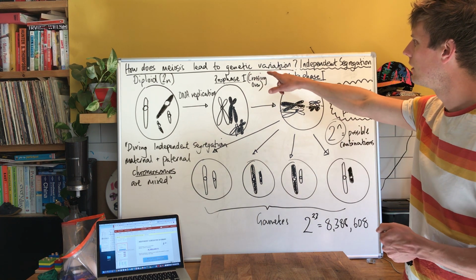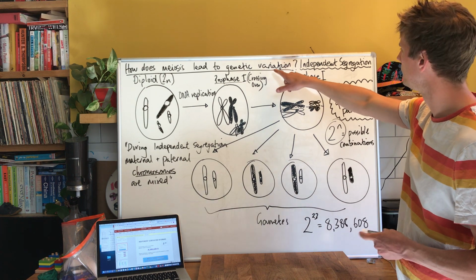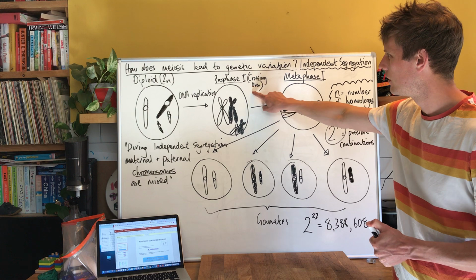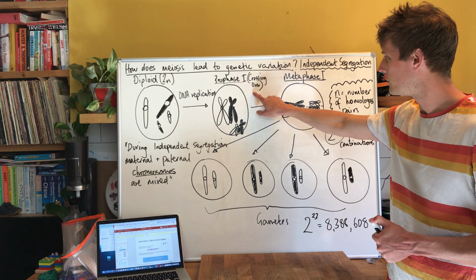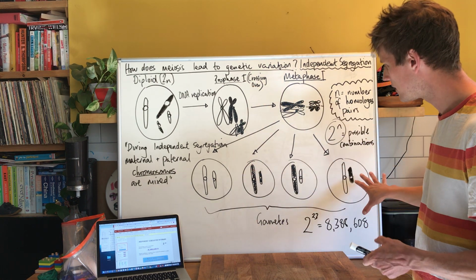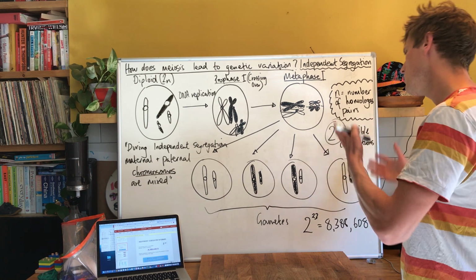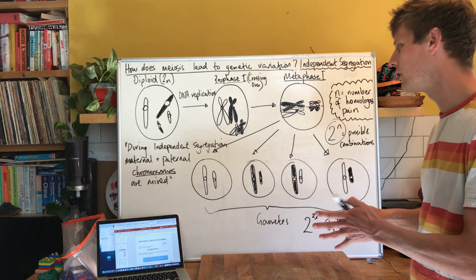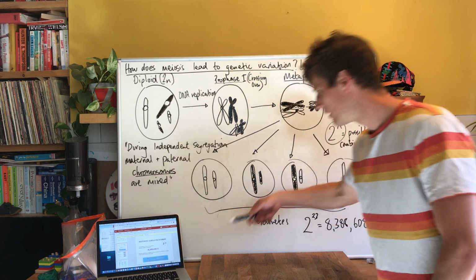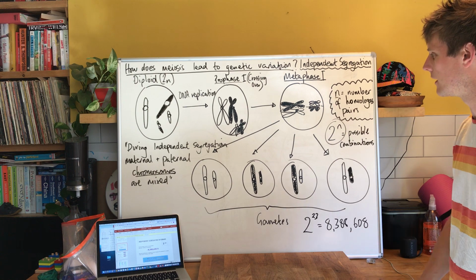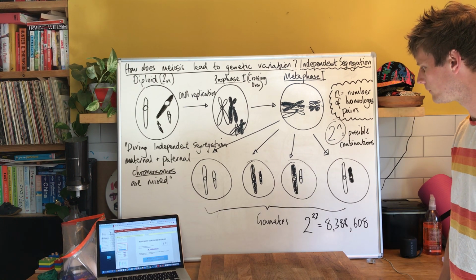Meiosis increases genetic variation through independent segregation in metaphase 1, crossing over during prophase 1, producing gametes which have a huge combination of maternal and paternal chromosomes, perhaps new combinations, recombinants of maternal and paternal alleles.